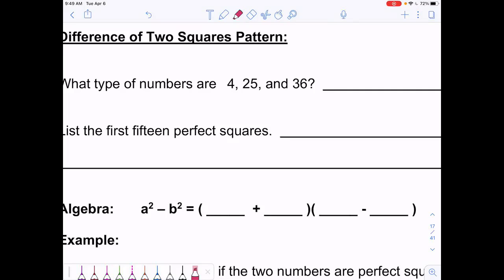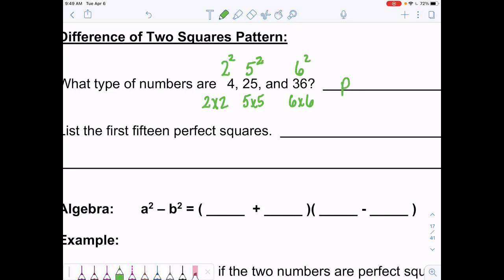And how about 36? So Michael just said, 2 times 2 makes 4. 5 times 5 makes 25. 6 times 6 makes 36. Or I could say 2 squared, 5 squared, and 6 squared.